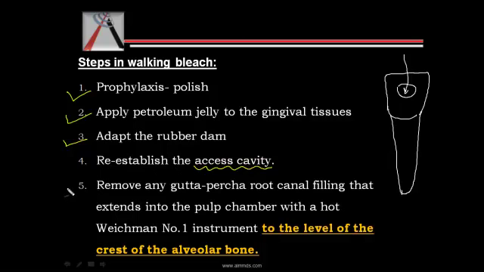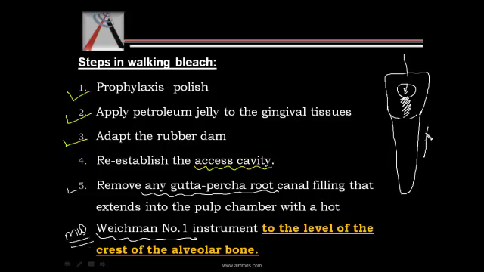Now in the next step, that is the fifth step, we remove any gutta percha of root canal filling that extends into the pulp chamber. So any filling in this zone is removed with a hot Wickman #1 instrument, and it is removed till the level of the alveolar crest. So if we have the alveolar crest here, till the level of the alveolar crest, GP filling is removed.